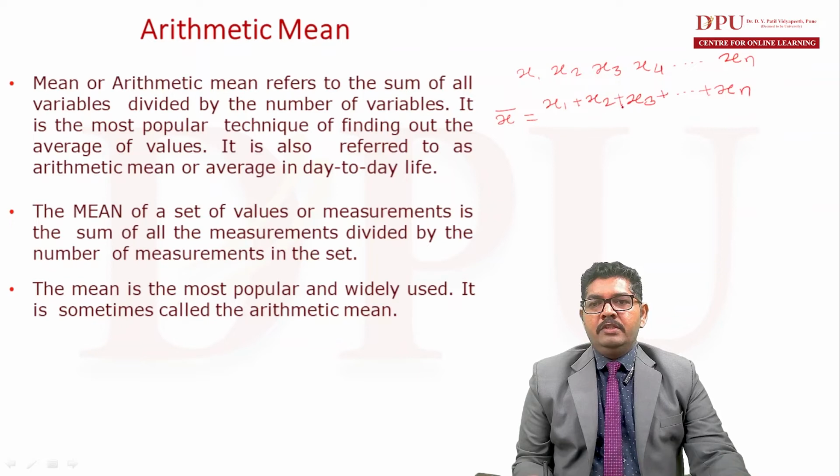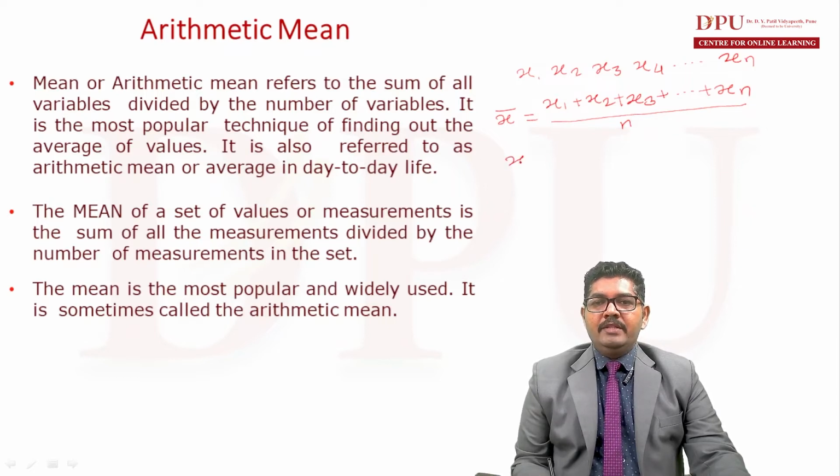This is divided by the number of variables. How many variables do we have? x1, x2, x3, up to xn, so n variables are there. So we write n here. This is how we get the x bar value, that is, the arithmetic mean.